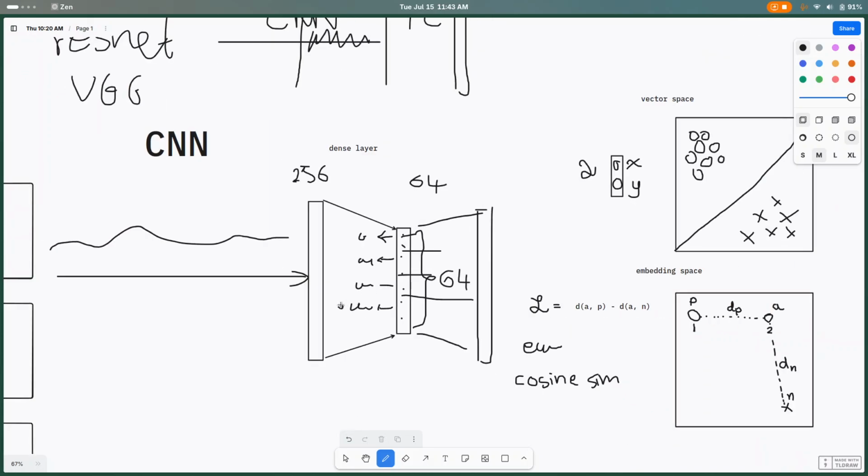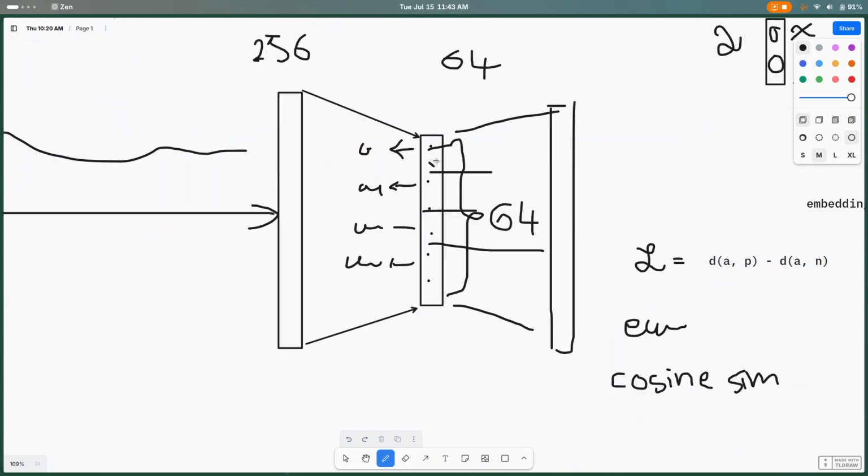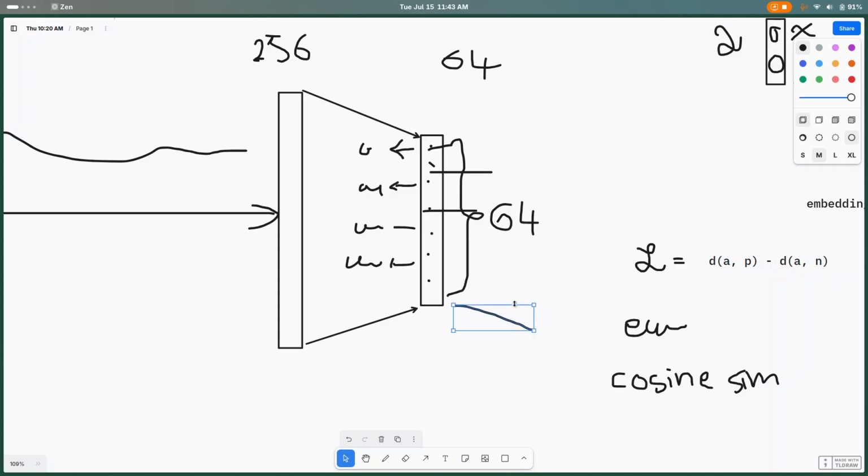And the closer the eyebrows, the points may be closer on one axis. And if the nose and mouth and everything are similar, then the point will also be closer based on that. So that is another intuition that you can think of. The embedding is essentially representing features of a bunch of faces. So it could be any face.